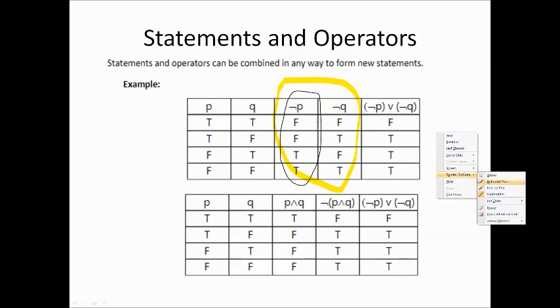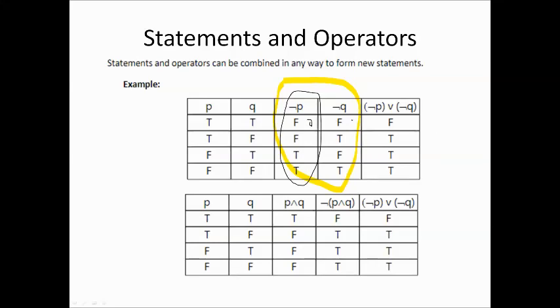Let me use my pen again. Okay, if it's 0, let me write. Pardon my handwriting. 0, 1, 0, I'm sorry, and then 1. Okay, let's get the result.